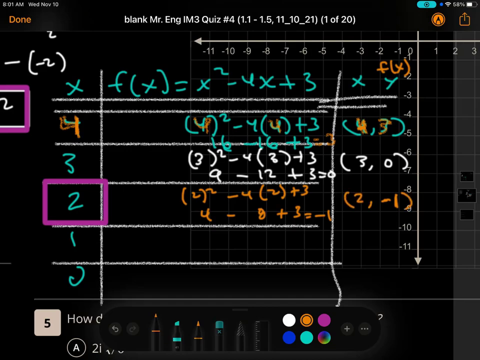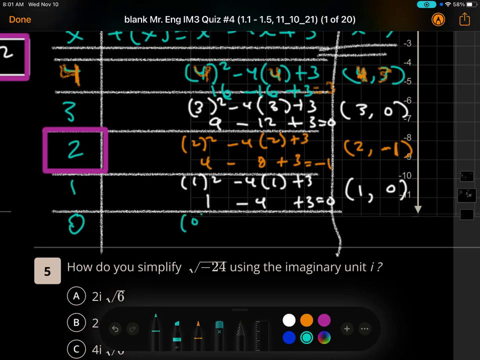And the number I put in there was a 2. Let's put in a 1. So 1 squared is 1 minus 4 plus 3. So negative 3 plus 3 is equal to 0. 1 comma 0 is my answer.